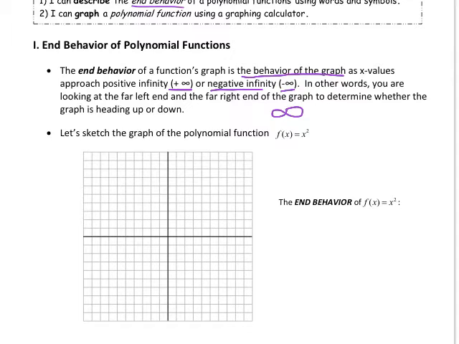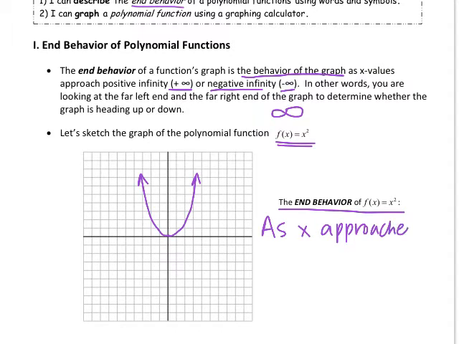And we're going to sketch the graph of the polynomial function x squared. And we all recognize that one as just a parabola like this. Now, what is the end behavior of x squared? Well, we can say that as x approaches infinity, then the function itself approaches infinity as well.